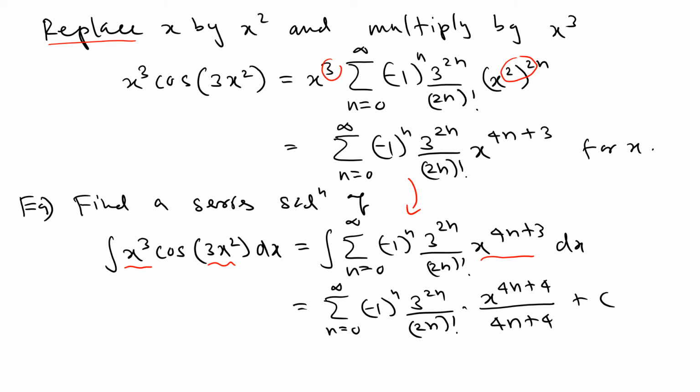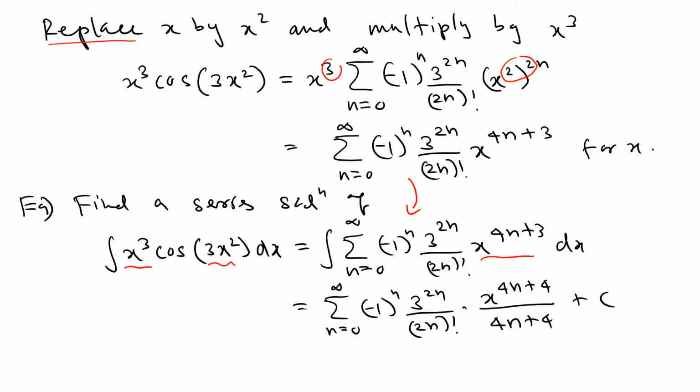We need the c because it's not a definite integral, and using some other values we can find what this c is. But for the moment we can leave it like that, and you can see this is a nice series representation of this integral.